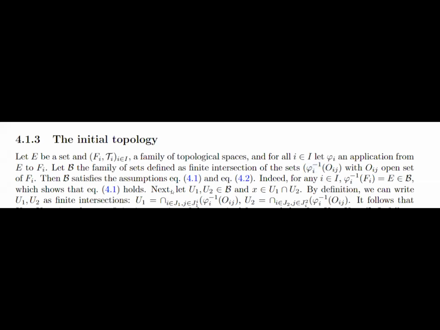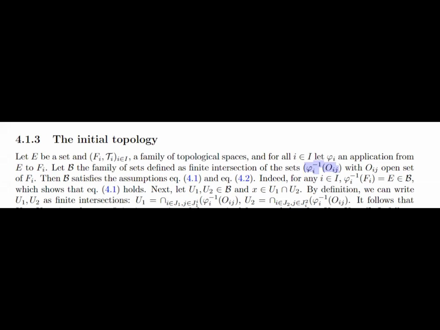So you write U1 as a finite intersection of phi i minus 1 of some open sets in Fi, and U2 is the same. Now the intersection of the two is nothing but an intersection also. So by our definition of B, U1 intersection U2 is also a finite intersection of this kind. So that's it, 4.2 is also verified.